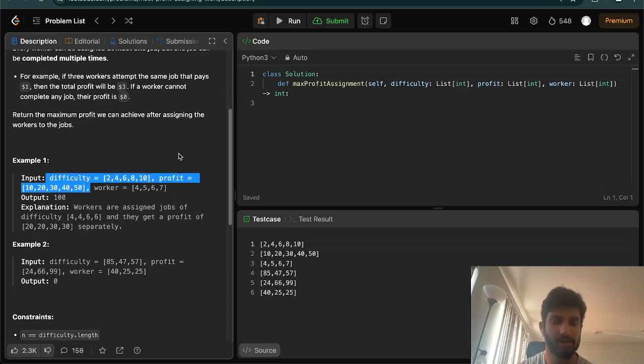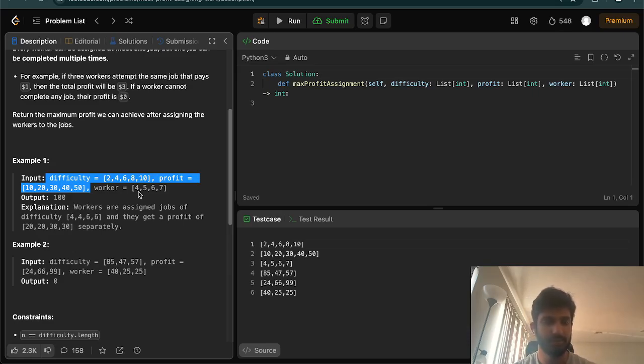So basically the idea is, initially I was thinking of a heap. Basically we pair difficulty and profit and sort based on that.